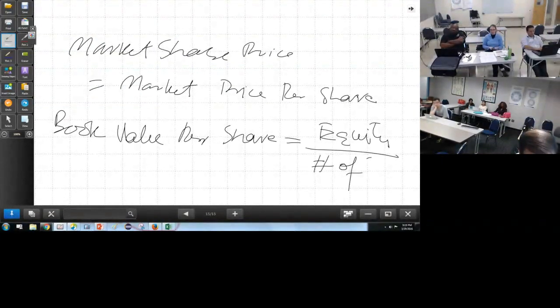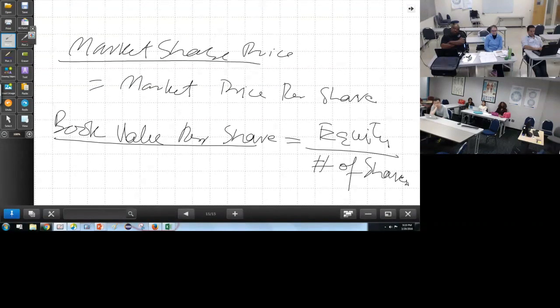Divided by the total number of shares. So this way you get the book value per share. The next thing to calculate is the market to book value. So this is the market value per share and this is the book value per share. So the market value per share divided by book value per share will give you the market to book value.